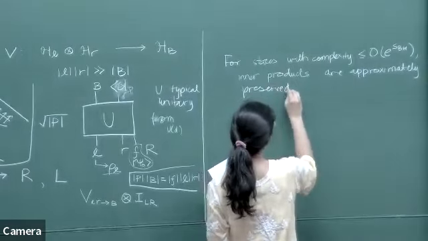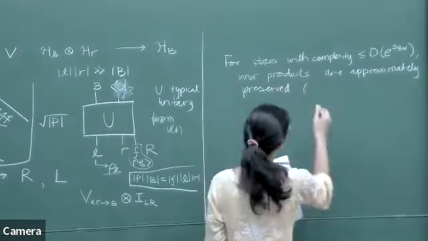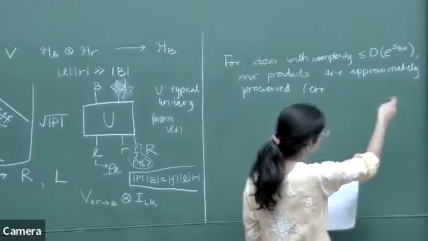And the errors are also of order exponentially small in the black hole entropy.